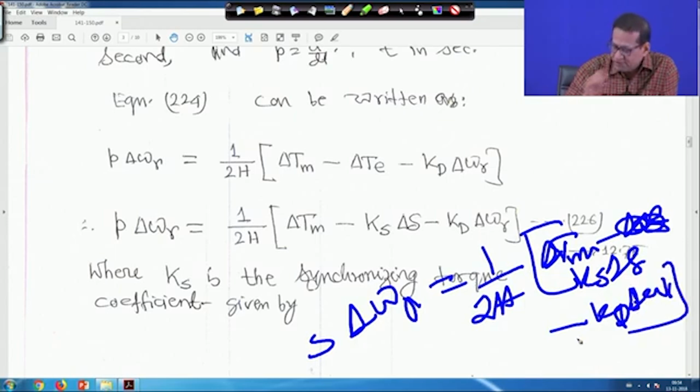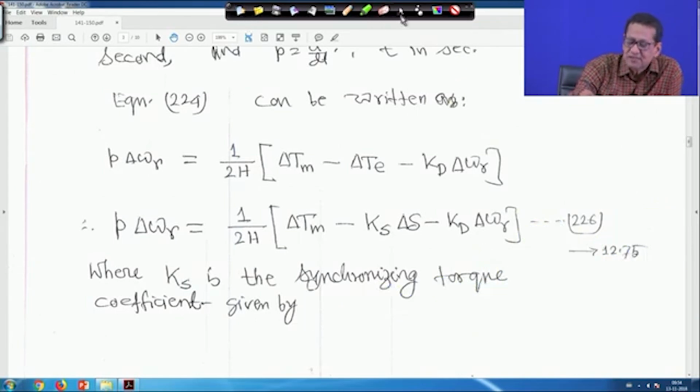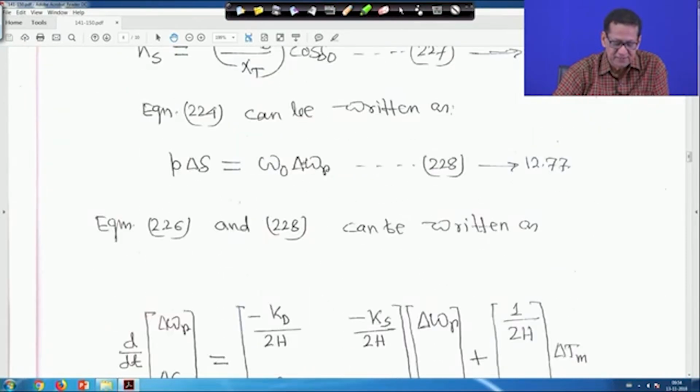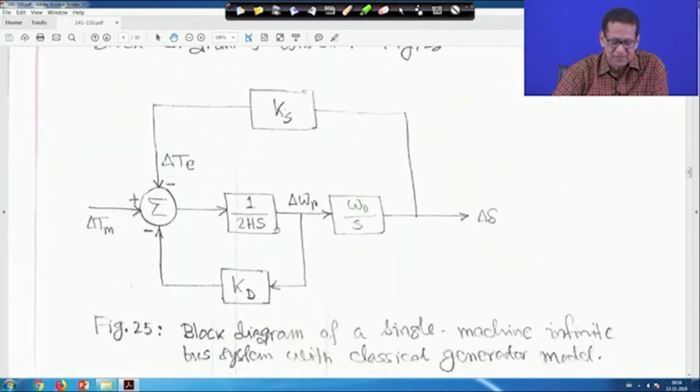Cross multiply: 2Hs delta omega r, bring this term to this side, so it will be plus K_D delta omega r. Take delta omega r common, it will be 2Hs plus K_D. Based on that, the block diagram comes with 1 upon 2Hs, and the feedback taken is K_D, like this.